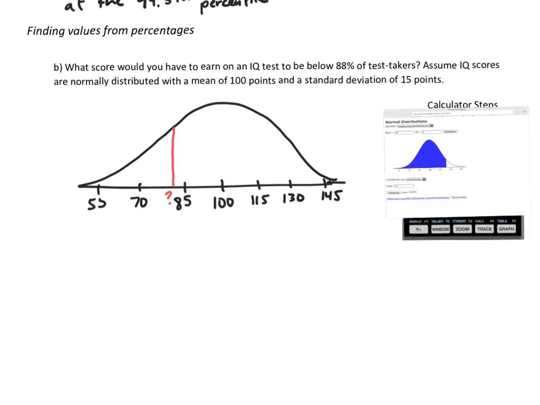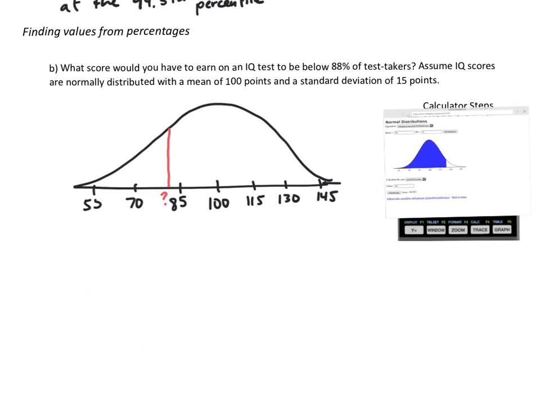Let's look at the next question, part B. Part B was asking, what score would you need to earn to be below 88% of the test takers? That means we're interested in 0.12, because we want to be below.